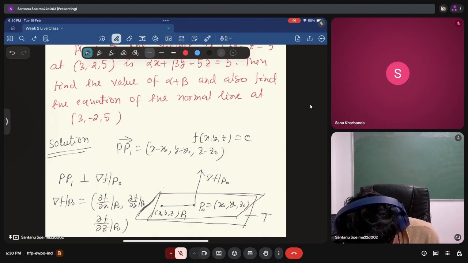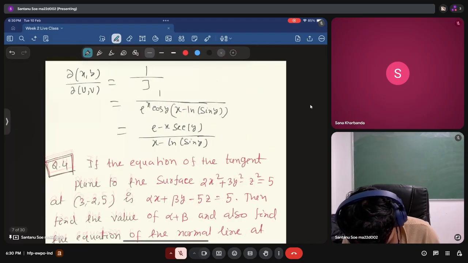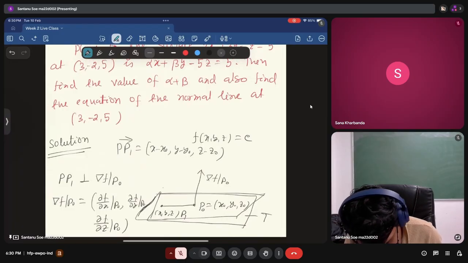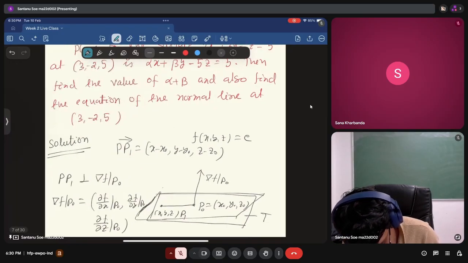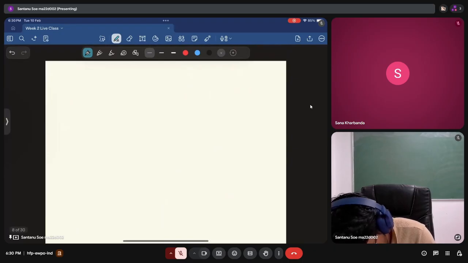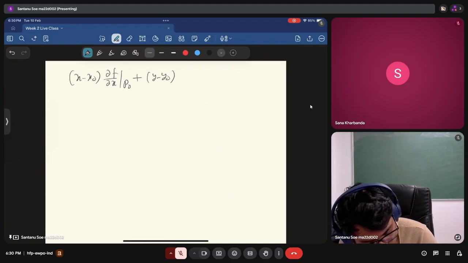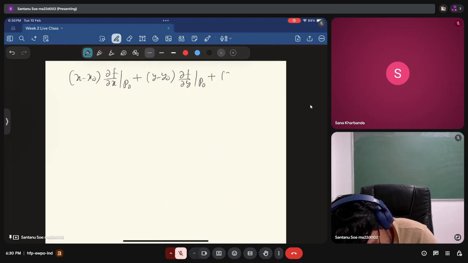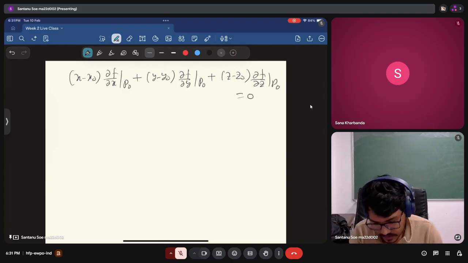And this is perpendicular, so the dot product will be 0. So this will be x minus x naught into del f del x at P naught plus y minus y naught into del f del y at P naught plus z minus z naught into del f del z at P naught will be 0.